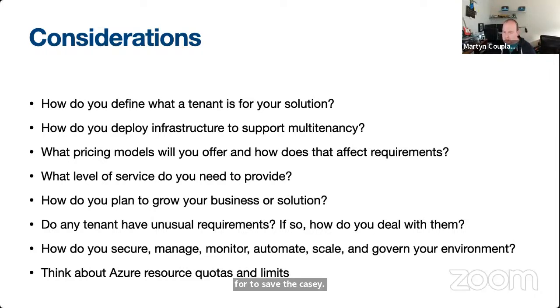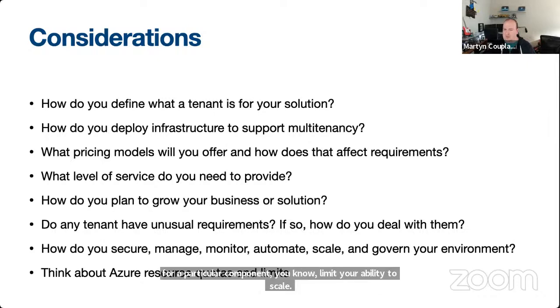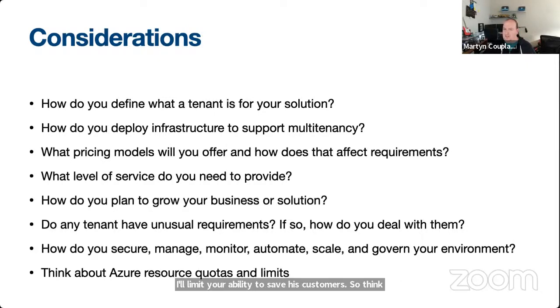You would only get so many resources, but especially in the public cloud, are resource quotas and limits on functionality based on the service tier you've picked for a particular component going to limit your ability to scale or limit your ability to service customers? So think about the effect of those and think about how that can affect your particular design.